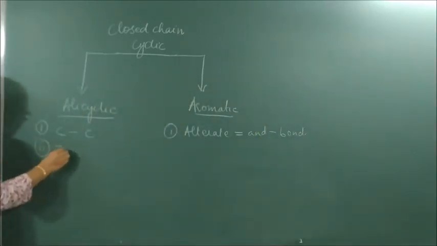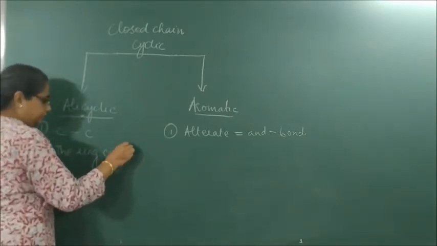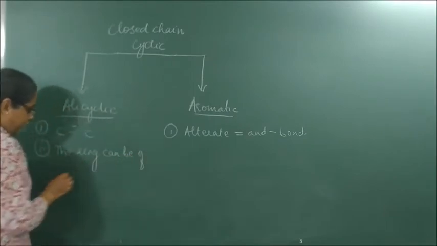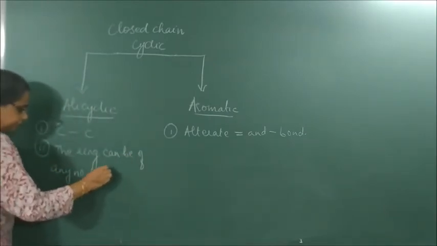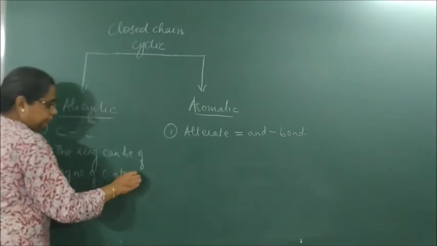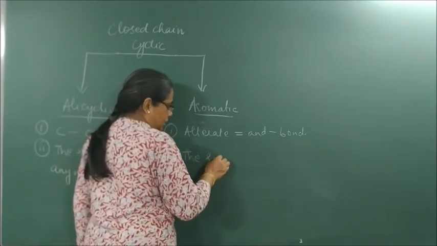The ring in alicyclic compounds can have any number of carbon atoms. Here, the ring has to be of 6 carbon atoms.